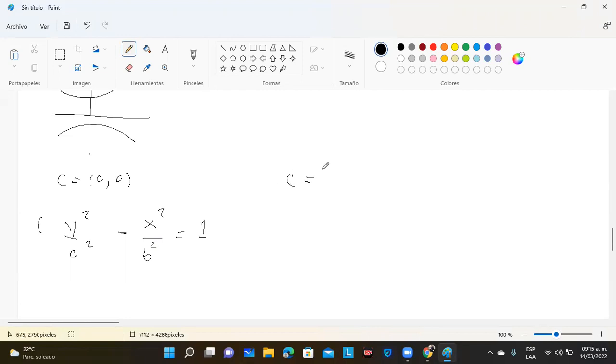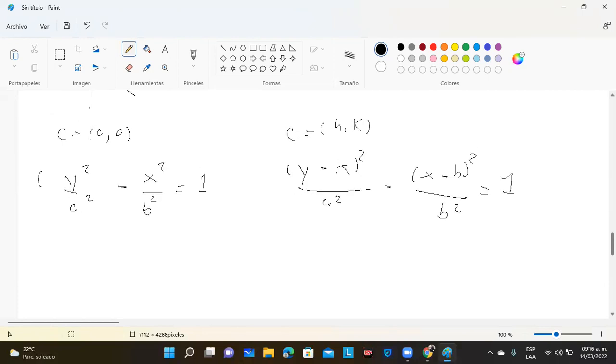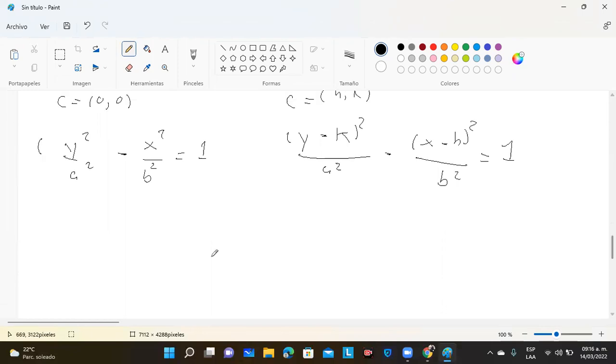And when it's shifted, when it's out of the origin at h comma k, we are going to have the equation y minus k squared divided by a squared minus x minus h squared divided by b squared equals 1. Okay, so now we have this equation that is out of the origin.